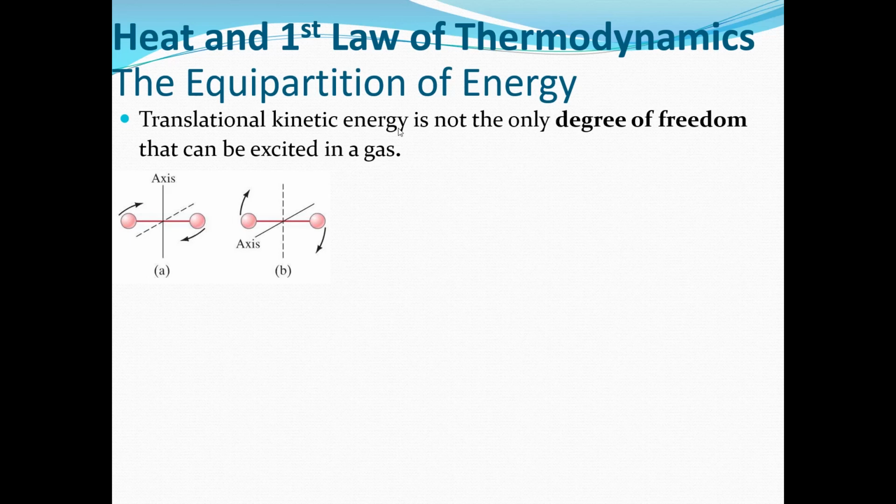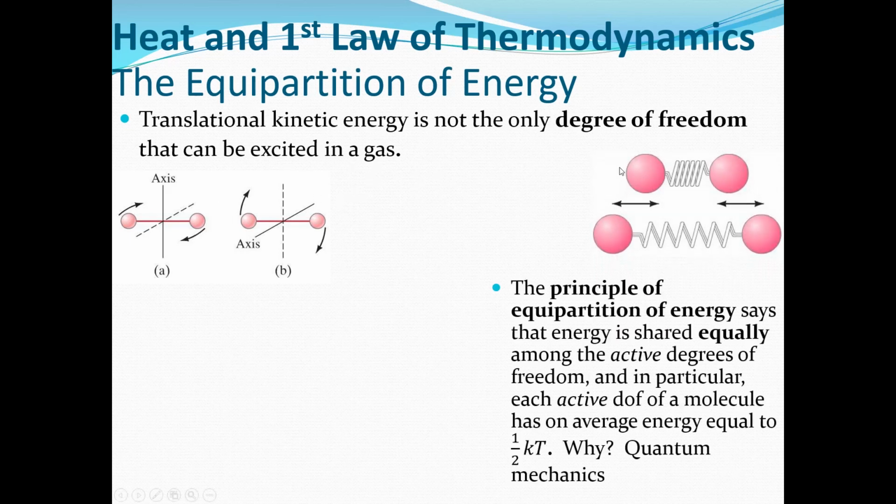But as we said before, when we get more atoms involved, translational won't be the only degrees of freedom we have. We also will have rotational and vibrational. The equipartition theorem of energy basically says that energy is going to be equally divided between every active degree of freedom allowed.